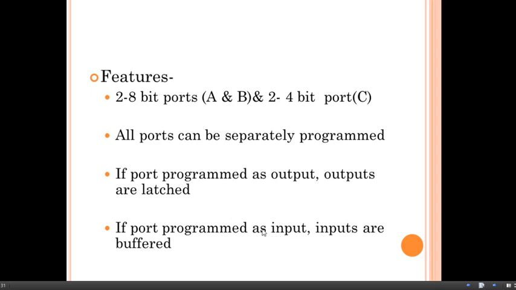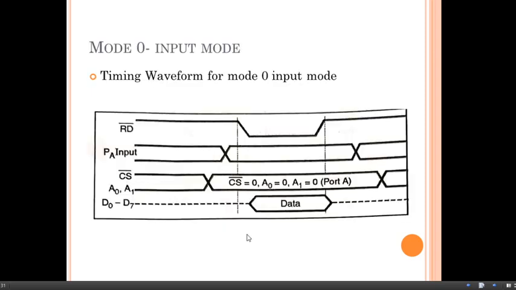So as 4 ports are to be used, 16 different IO configurations are possible in this simple input output mode.